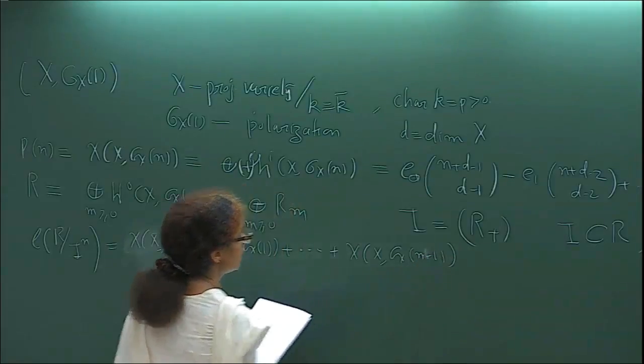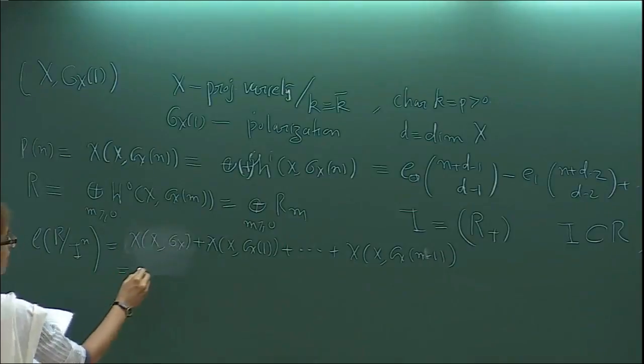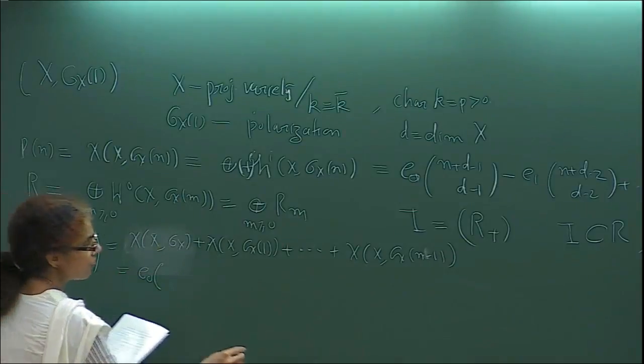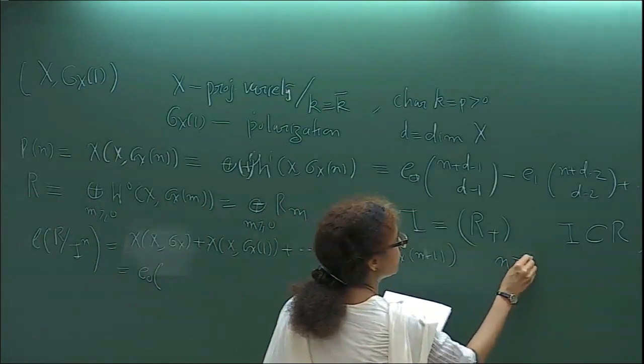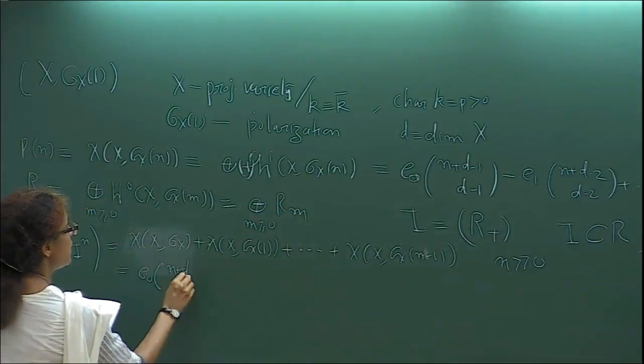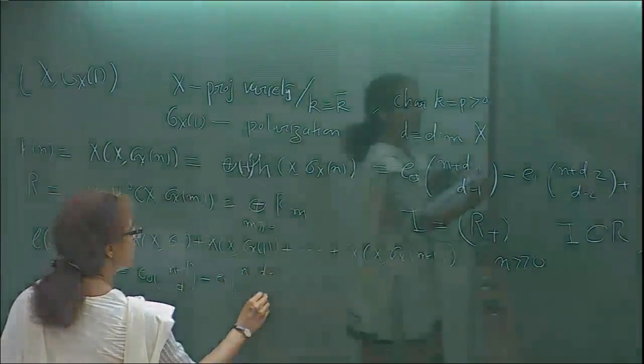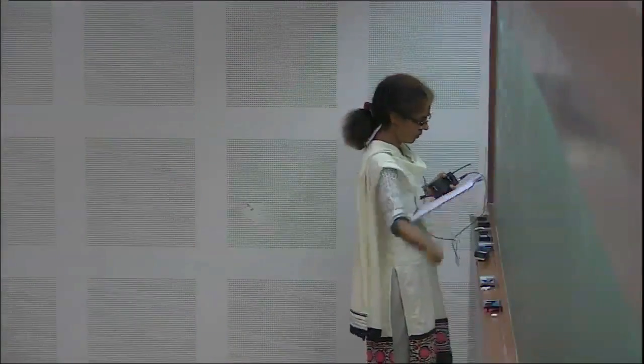minus 1. So why am I writing this? This just says that this holds for n large enough. It will look like e_0 times (n+d choose d) minus e_1 times (n+d-1 choose d-1), and so on.